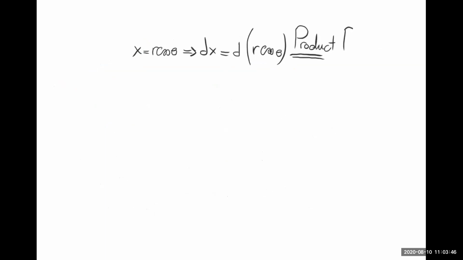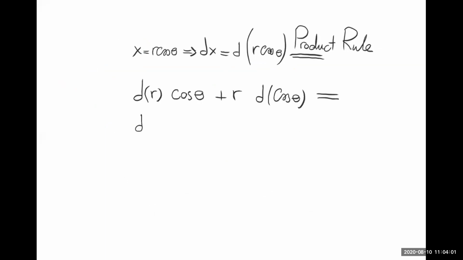So x is r cosine of theta. What is dx? Well, it is d of r cosine theta. It works like a product rule. d is kind of like taking the derivative. So it would be d of r times cosine of theta plus r times d of cosine of theta.